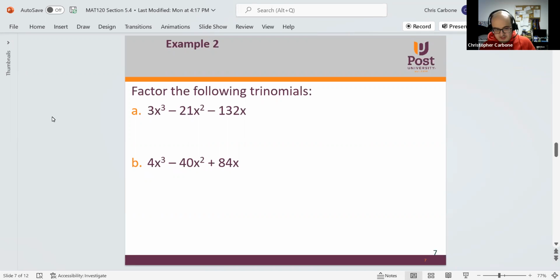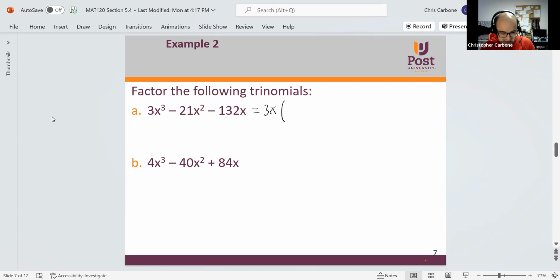Now we want to factor this trinomial, 3x cubed minus 21x squared minus 132x. So this does share stuff in common. It shows both a 3 and an x.